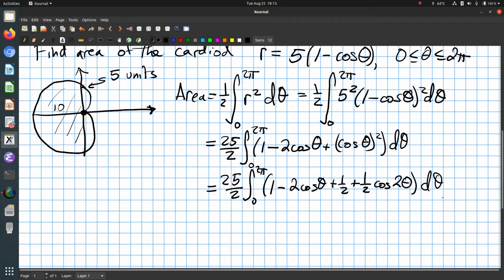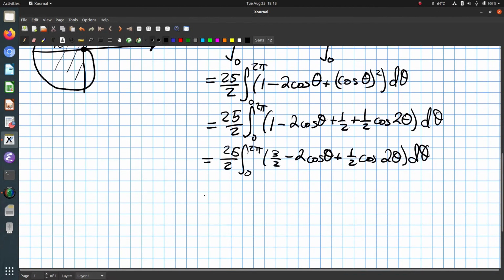So that's a nice little trig identity. Assembling before we want to take the integral here, it's 3/2 minus 2 cosine theta plus 1/2 cosine 2 theta. Let's go ahead and integrate that.